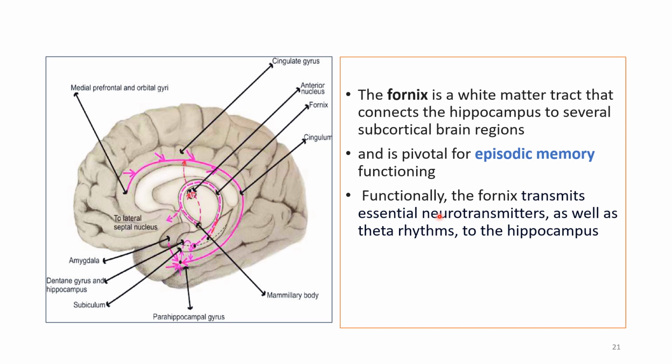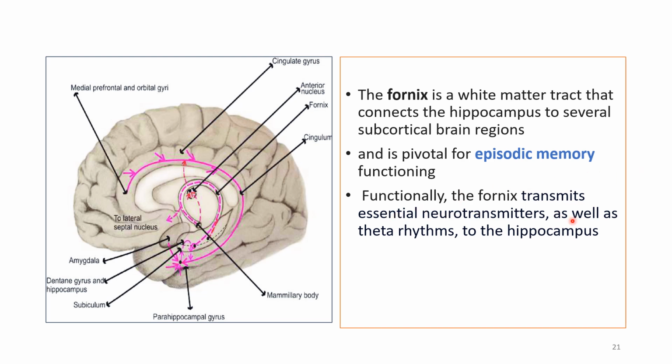Now coming to the fornix. What is the fornix? This is the fornix. The fornix is a white matter tract that connects the hippocampus to several subcortical brain regions, and it plays a pivotal role in episodic memory function.